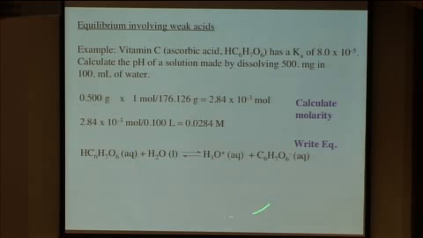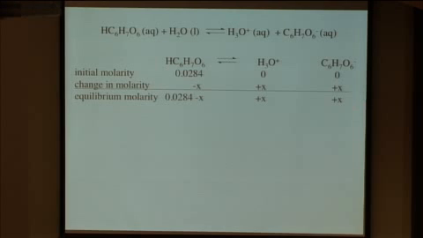An acid in water is going to be giving hydronium ion concentrations and a conjugate base. So then we can set up an equilibrium table here. We calculated the initial molarity. And in the beginning, there's nothing over on this side. So we've just added our weak acid to water.